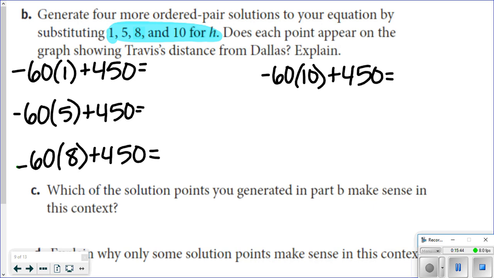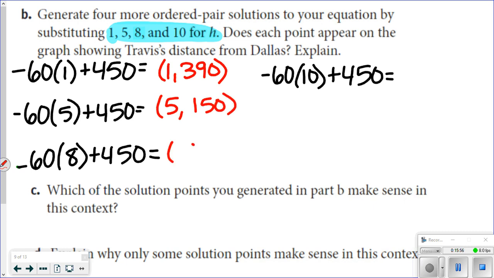So when I plugged in 1, my answer is 390. 5, 150. 8 and negative 30. 10 and negative 150.